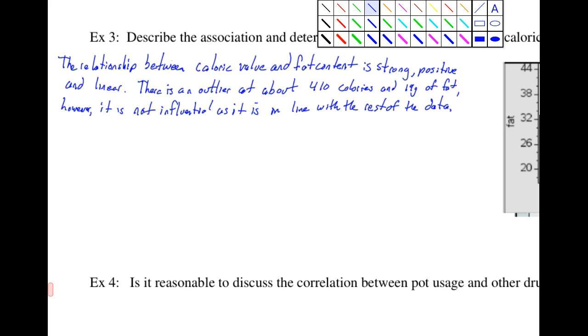So without that point, we could still put a line in that would match up pretty well. There are some times where it might not look like a shape up there, and this one point makes it look linear, but that's not really the case here.